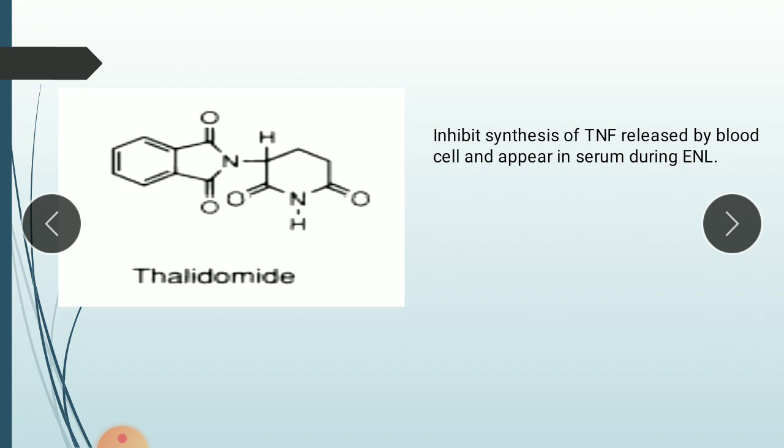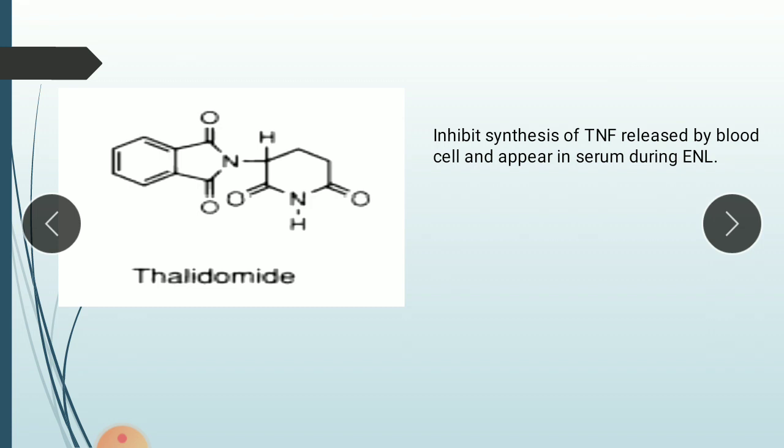The mechanism by which thalidomide produces relief is thought to be associated with its ability to control inflammatory cytokines. A cytokine is an inflammatory intermediate. Thalidomide especially inhibits the synthesis and release of tumor necrosis factor, TNF.